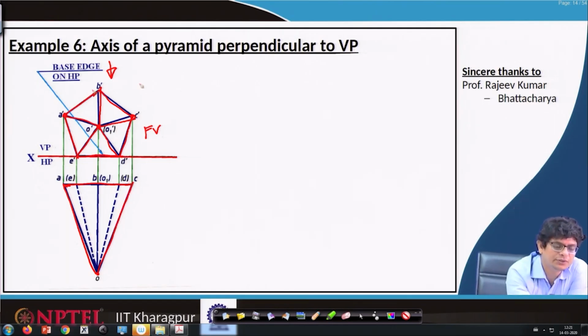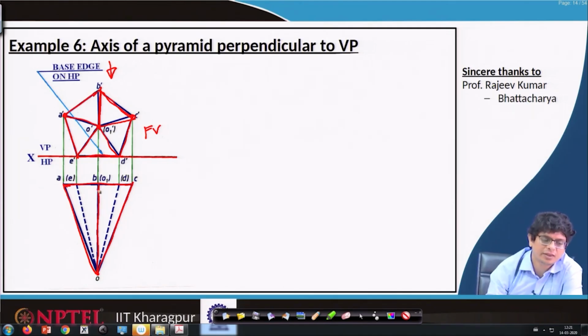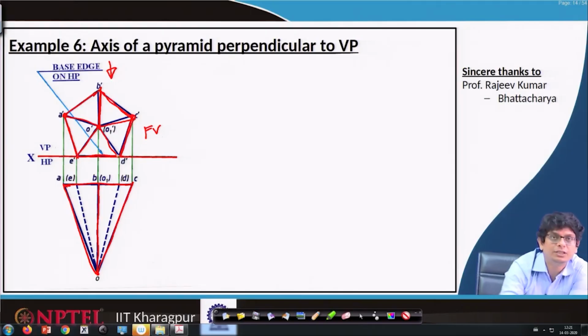Now, this surface is visible, this surface is visible, and this line is also visible, the surface whatever it is connecting. Whereas these lines are invisible.